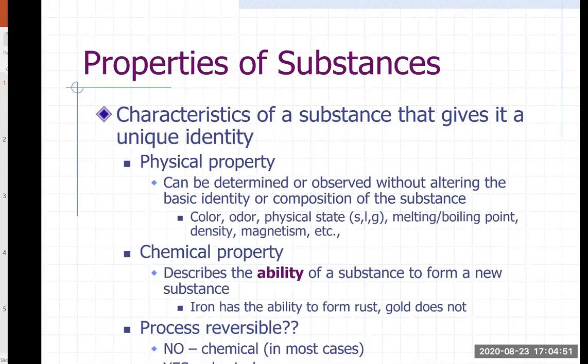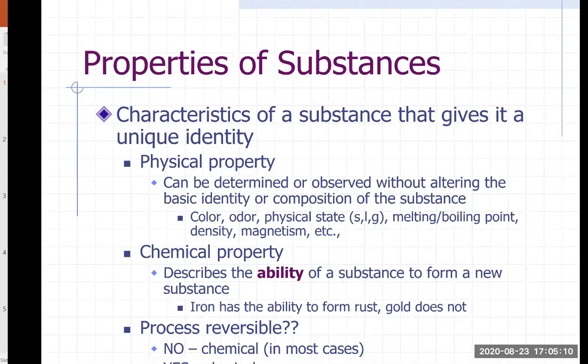We can also look at chemical properties once we've looked at all the physical properties. Sometimes chemical properties will tell us something unique about a substance. The difference between a physical property and a chemical property is that a chemical property describes the ability of a substance to form a new substance.